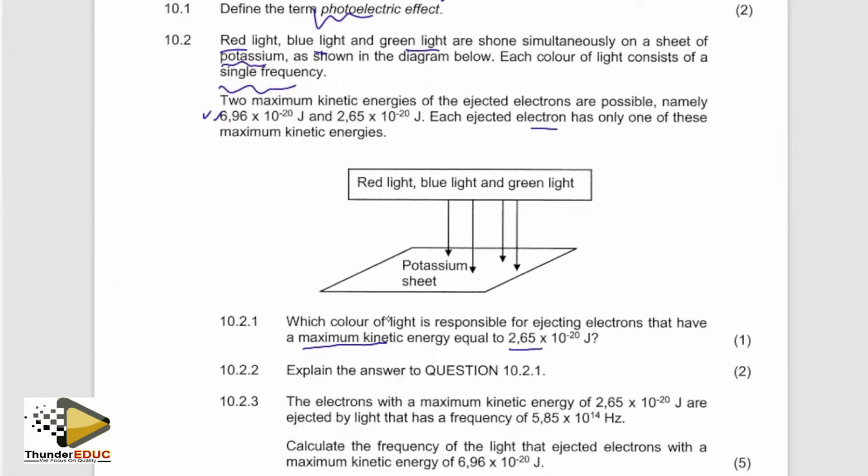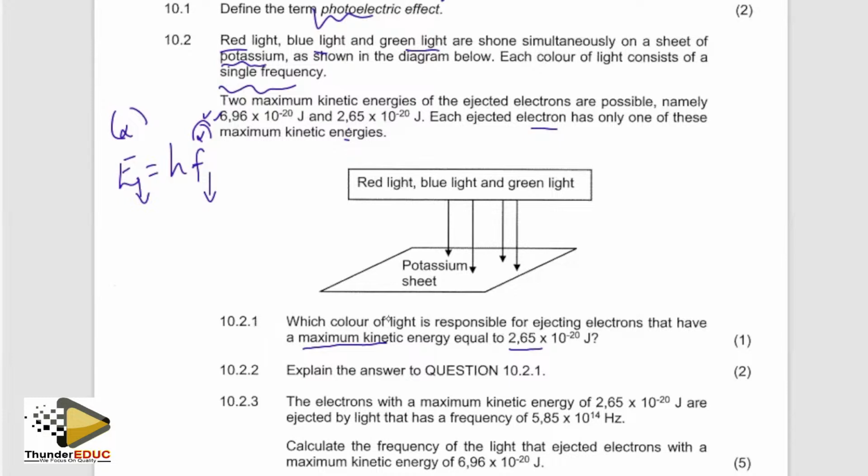Now, if you're comparing the two energies, the 6,96 is slightly bigger than this one. So if we are looking at E, which is hf, we know that this energy is directly proportional to the frequency of the light. So if the energy is lower, we also expect the frequency to be slightly lower.